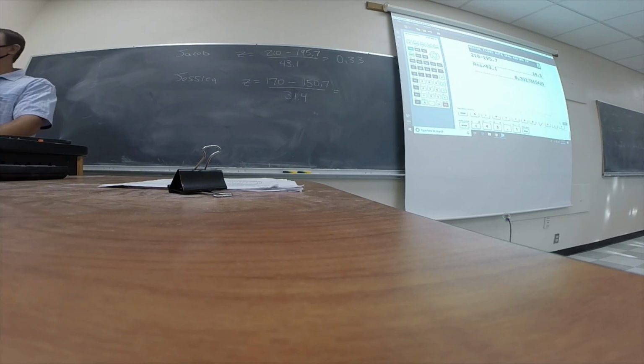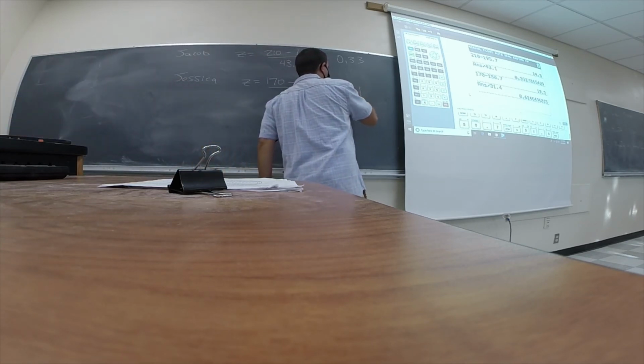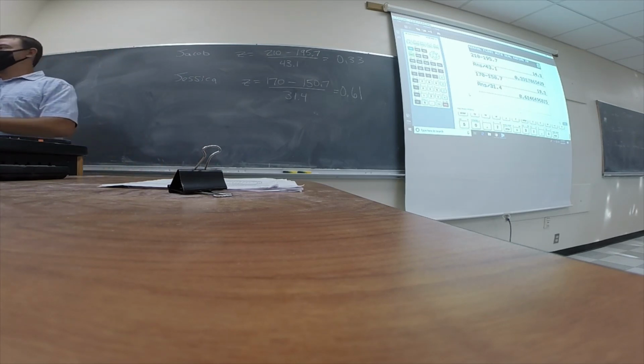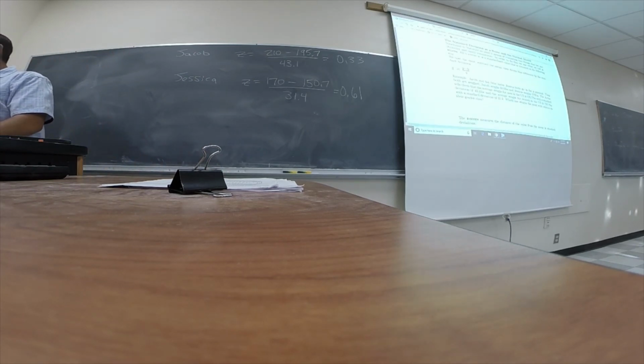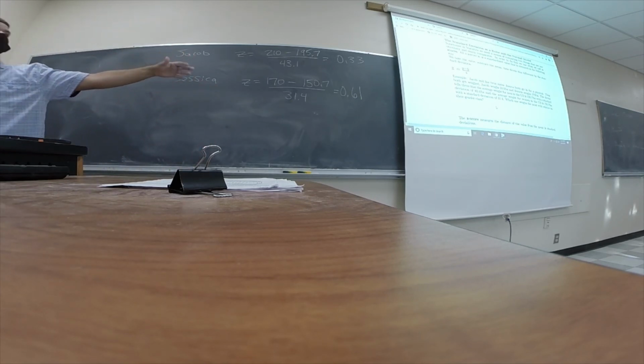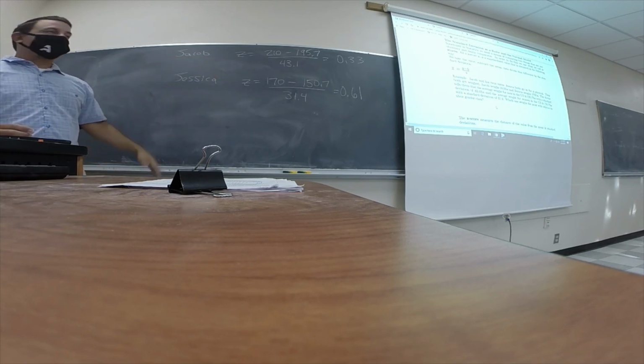So we will do 170 minus 150.7 and divide that by 31.4. We get 0.61 approximately. Easy enough? Okay. Now from this, what we can tell is that Jessica weighs more in comparison to her weight class than Jacob does. Okay? Does that make sense? Okay.